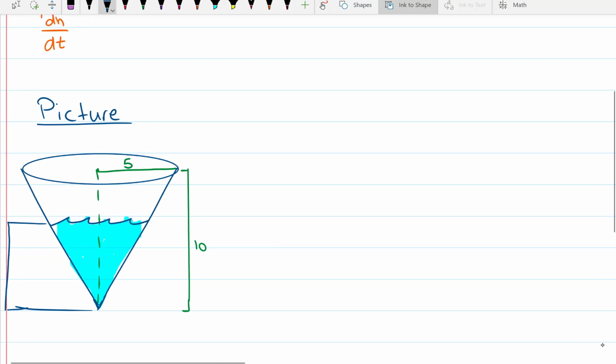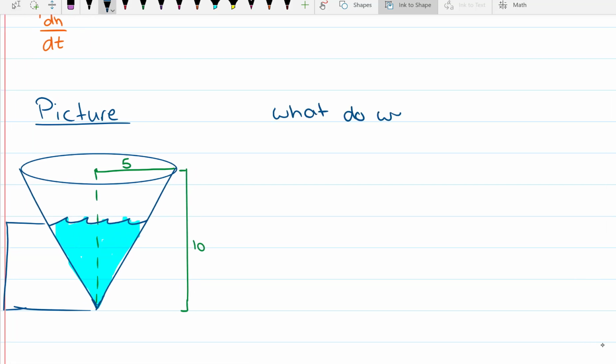So first, let's start by identifying what do we know. Well, we know that the radius is equal to 5. We know the height that we want at the moment is 6. I'm going to write "at moment" next to it. This symbolizes that this is the height that I'm going to want.